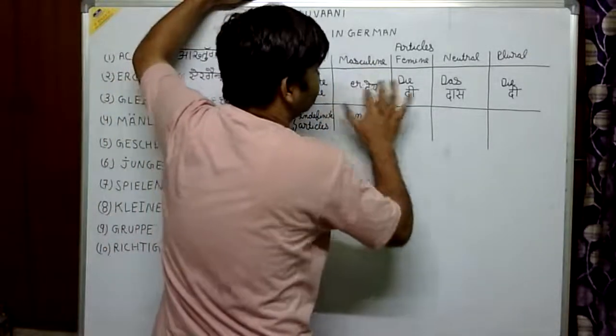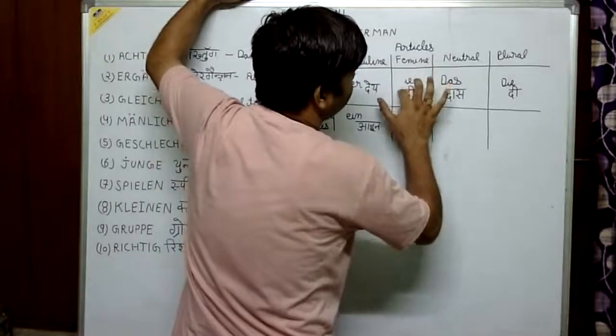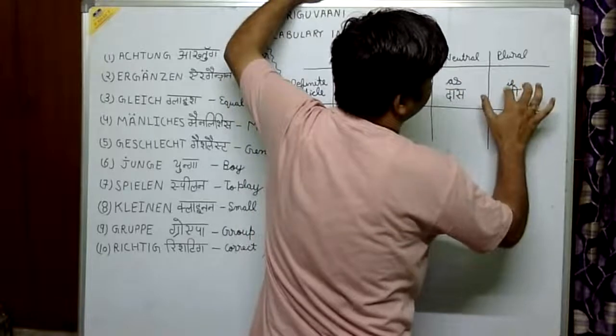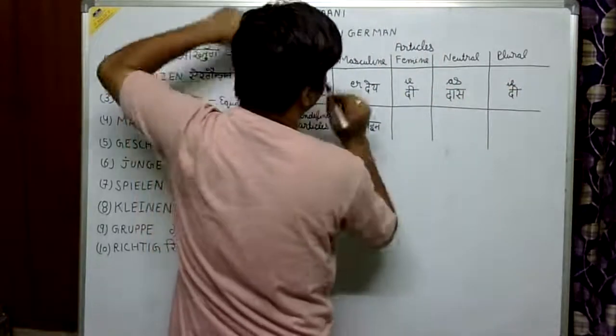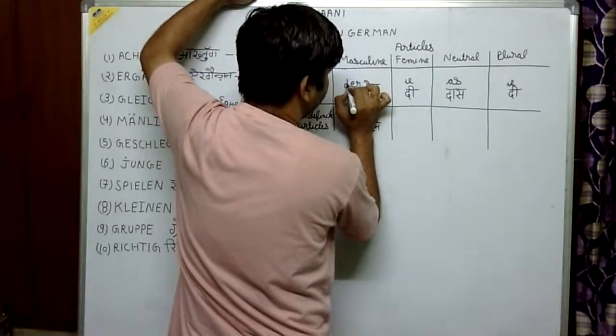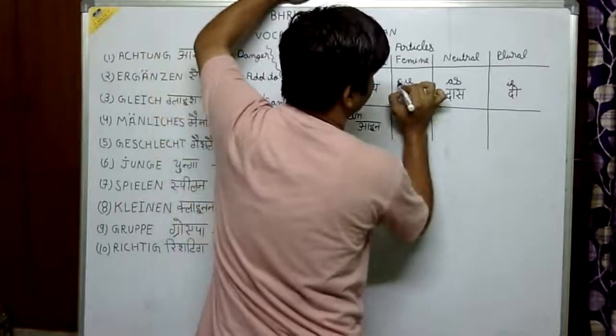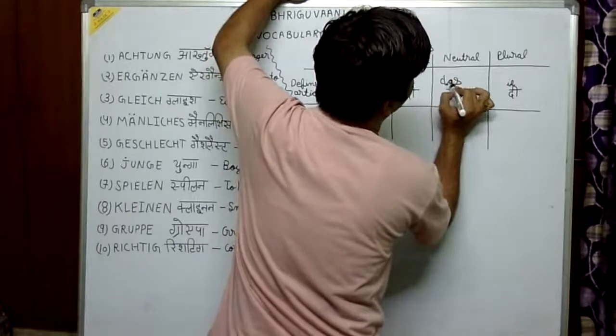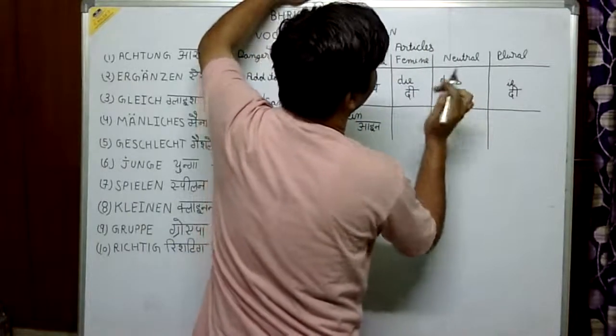Always write this letter d in small. Don't put a capital D here. Just put a small d.